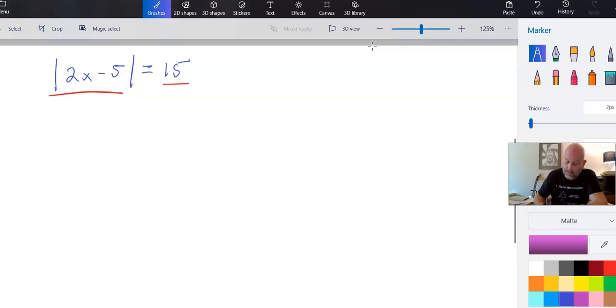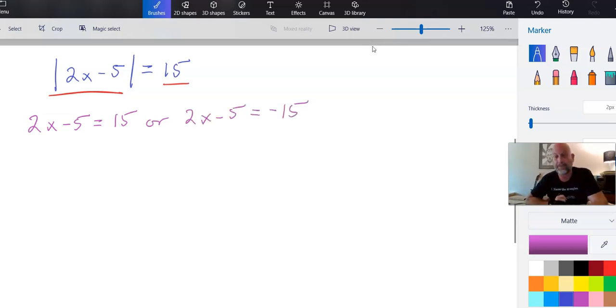So I'm going to split this absolute value. So I'm going to take the 2x minus 5, set it equal to 15, and then take the 2x minus 5 and set it equal to negative 15. And we're going to see what we get. We're just going to solve each of these equations. So I'll add 5 to both sides here.